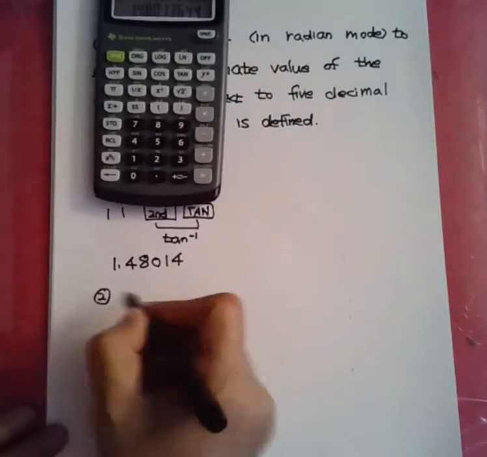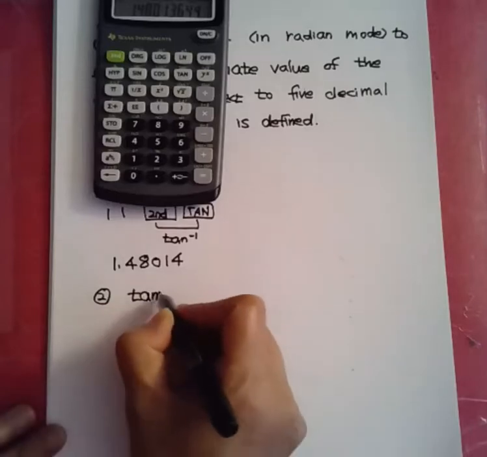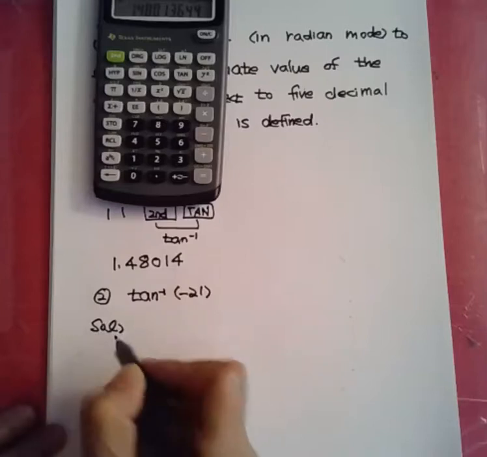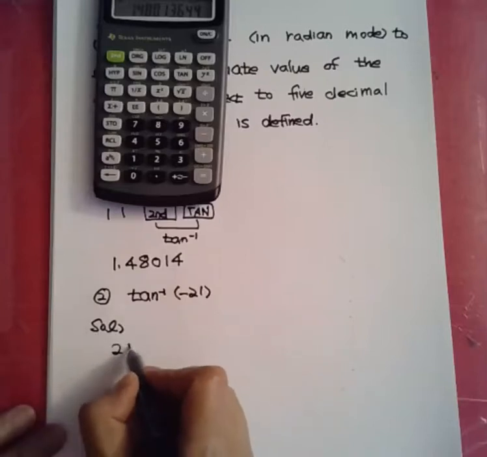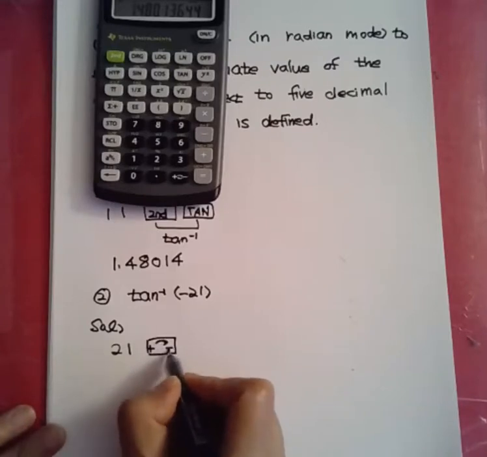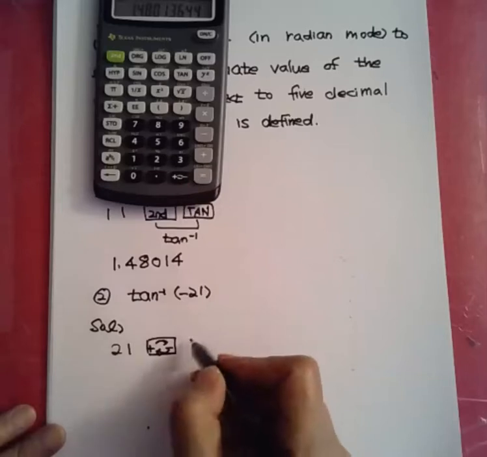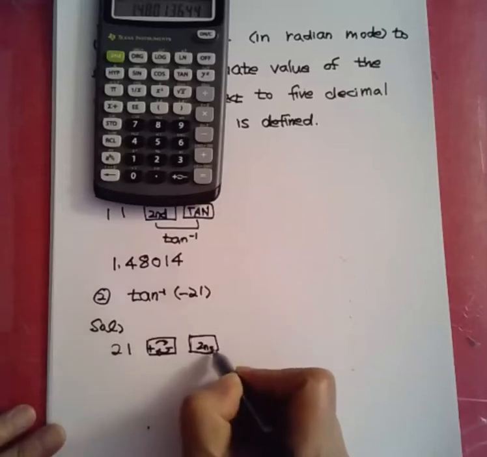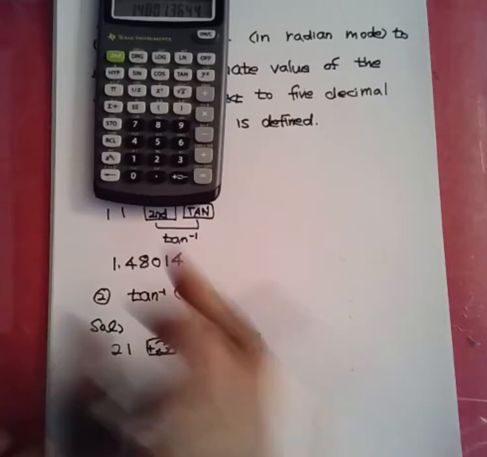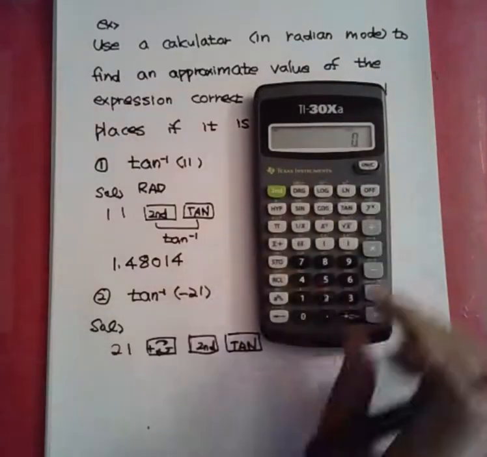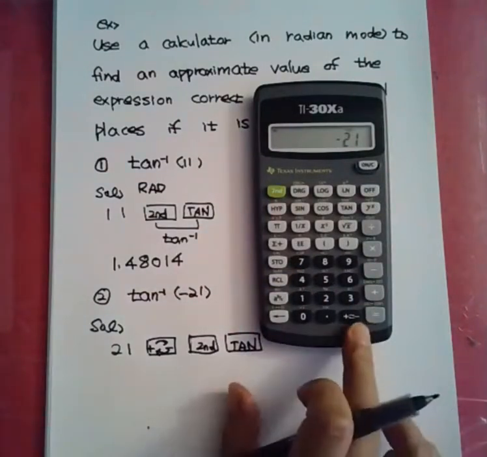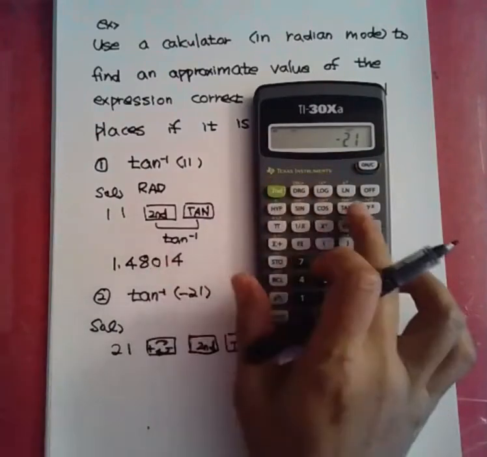The second question is tangent inverse of minus 21. That is 21, and then you have to switch the sign by pressing this button, and then second tangent. Let's do that. 21, then switch the sign, second tangent.